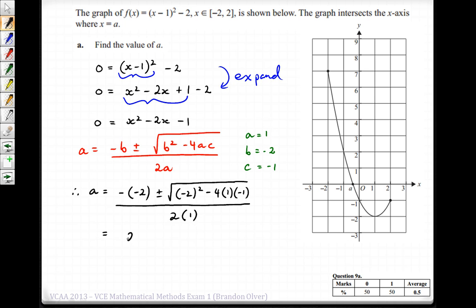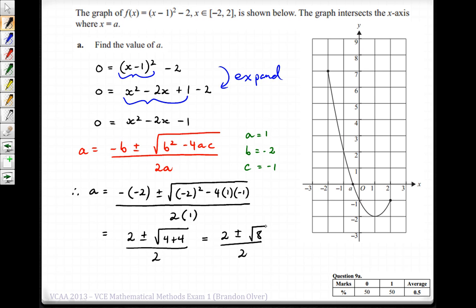So that means we've got 2 plus or minus the square root of 4 plus 4, which is 8, but I'll just put it in as 4 plus 4 at the moment, divided by 2, which equals 2 plus or minus the square root of 8 on 2.